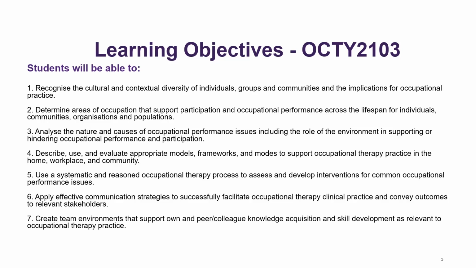We're also hoping that you were able to determine areas of occupation that support participation and occupational performance across the lifespan. Additionally, we're hoping now that you're able to analyse the nature and causes of occupational performance issues and consider the role of the environment in supporting or hindering occupational performance participation.